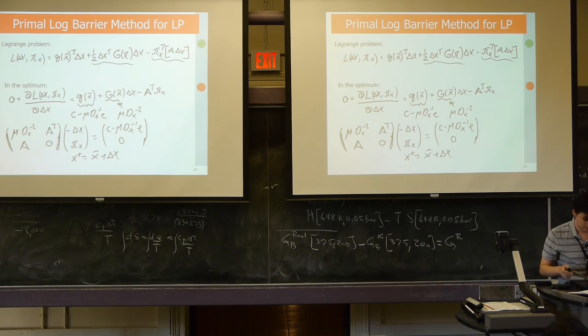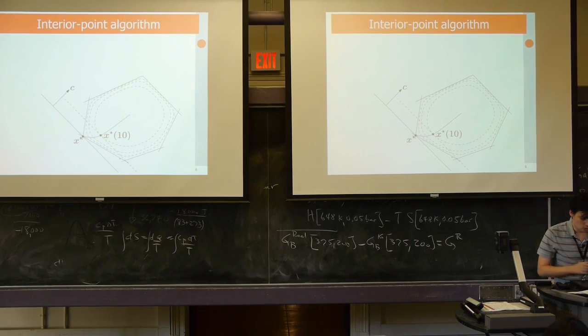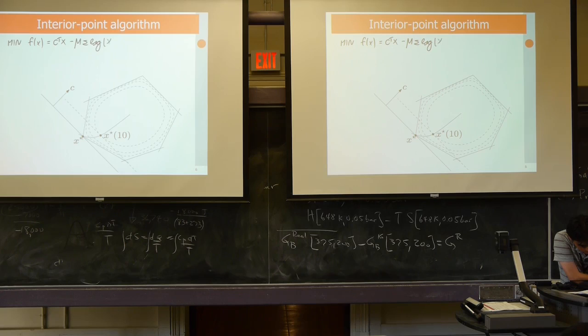So what we solve now is c transpose x minus mu times the barrier, right, and our constraints were that Ax equals b.